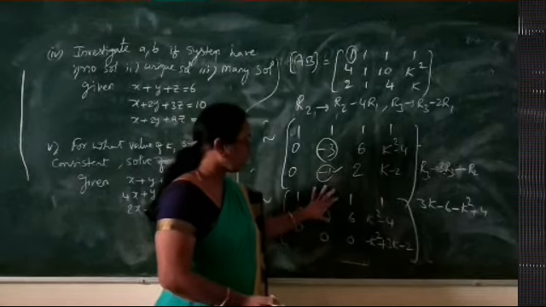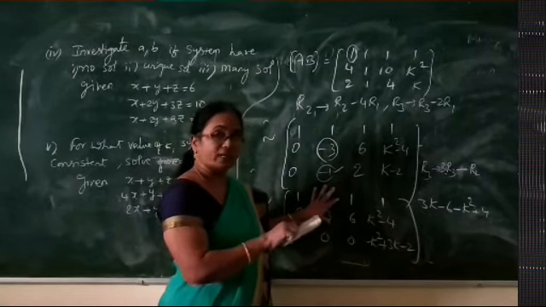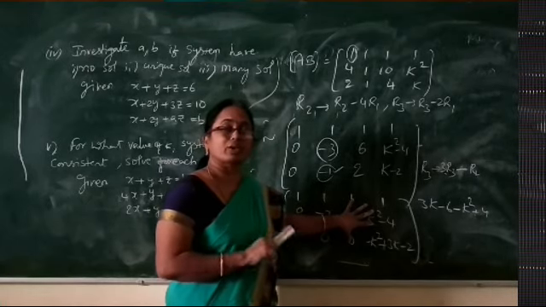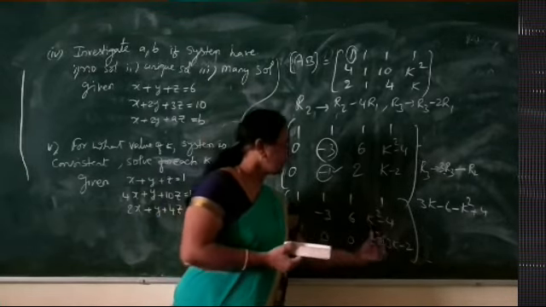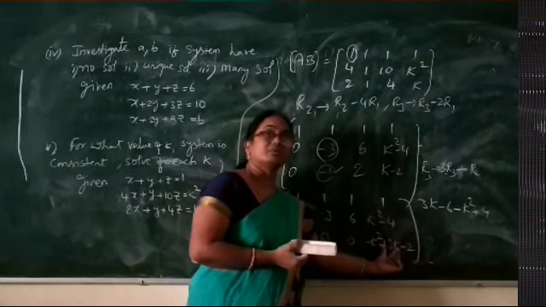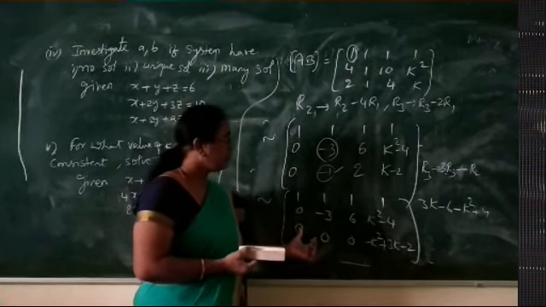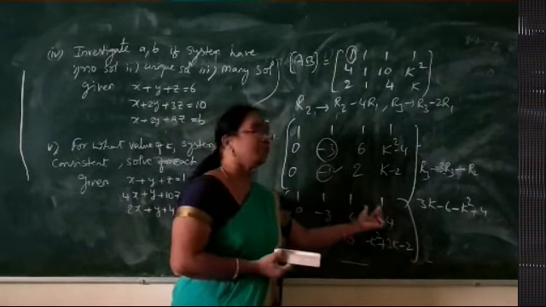Because the rank of A is already 2, to be consistent, the rank of AB must also be 2. Therefore, this number has to be 0, so that the last row is completely 0 row and rank of A and rank of AB both equal 2.